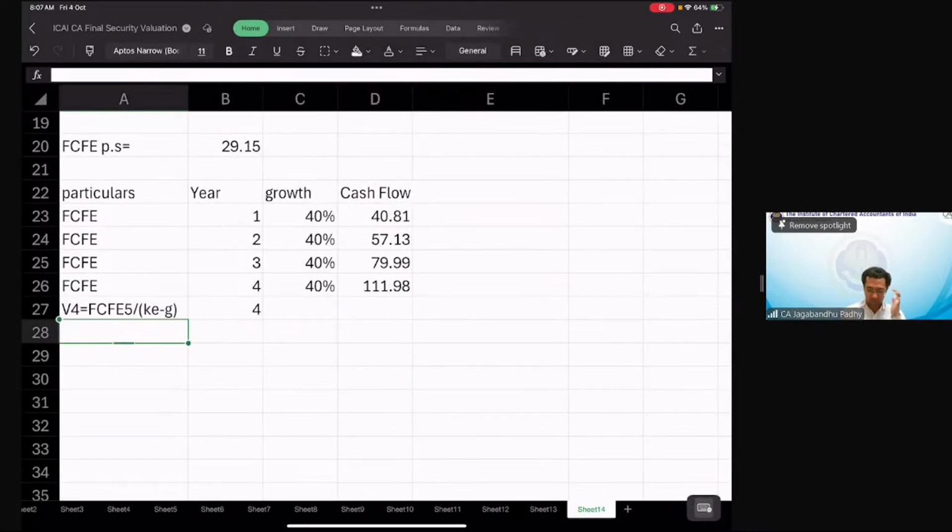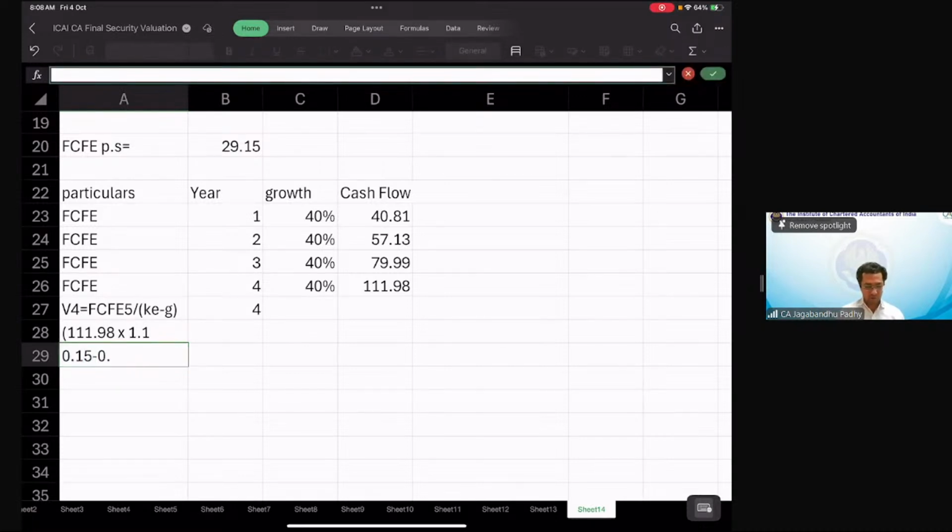For that, FCFE of year 5 will be 111.98 multiplied by the growth factor 1.1, and then this is divided by KE, which was 15%, minus the growth rate of 10%.